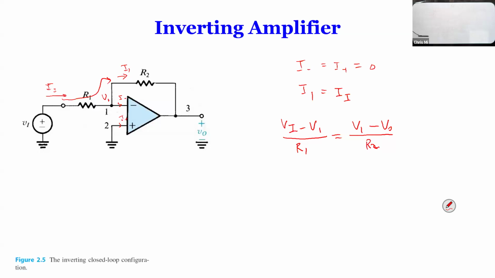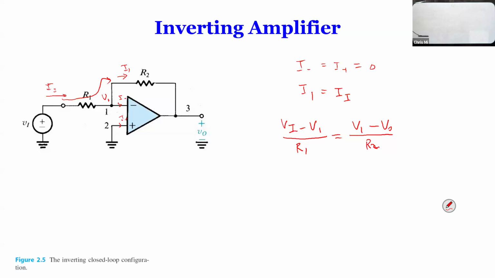The first current, (Vi minus V1) divided by R1, is the current coming into the node. And the current going out of the node is (V1 minus VO) divided by R2. There's no current going into the minus terminal. So therefore, those two currents are going to be equal to each other. Yes? Vi is here, the input voltage. V1 is the voltage at terminal 1. Clear? Okay.